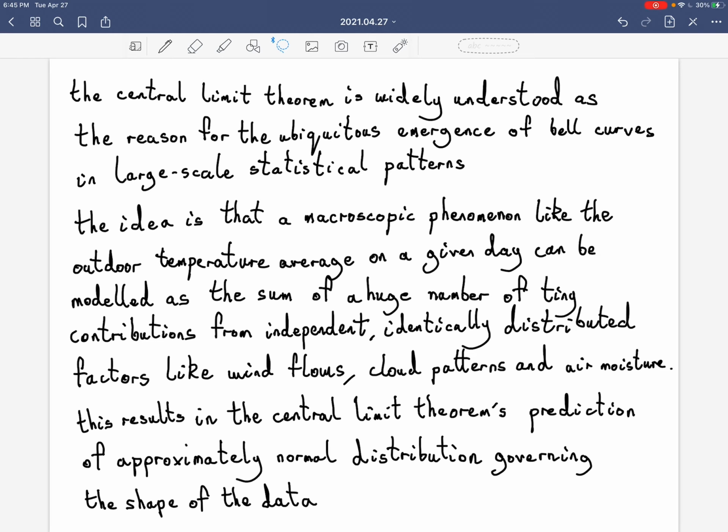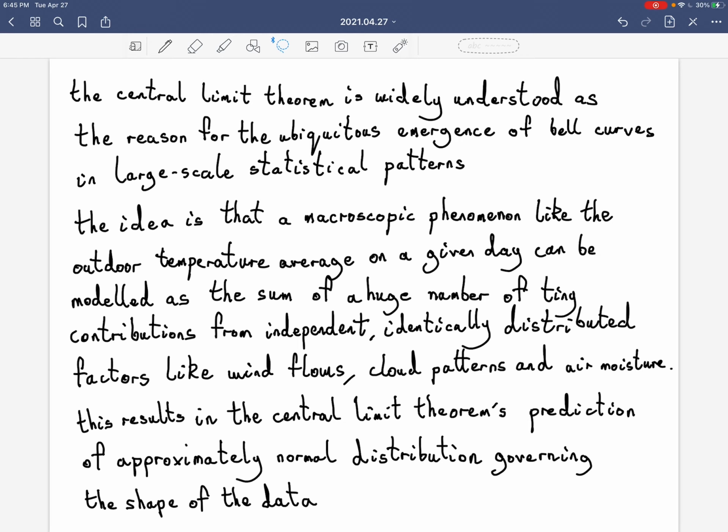But if you're interested in the applications of statistics rather than how to derive statistical phenomena from underlying physical principles, you can just take it as pretty much given that macroscopic phenomena in the world are modeled as a sum of a huge number of tiny contributions from independent, identically distributed factors.